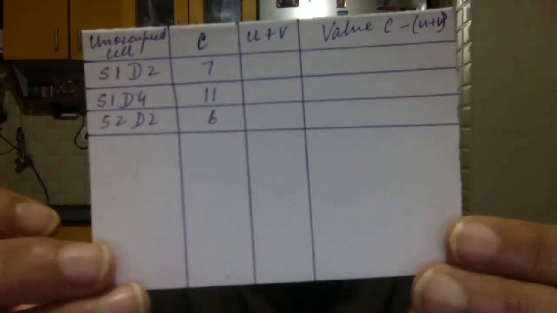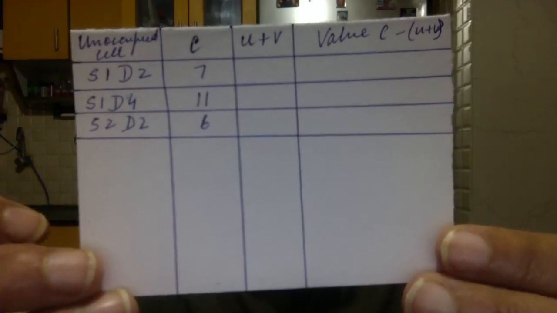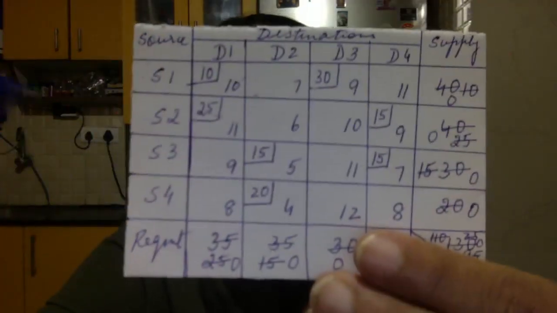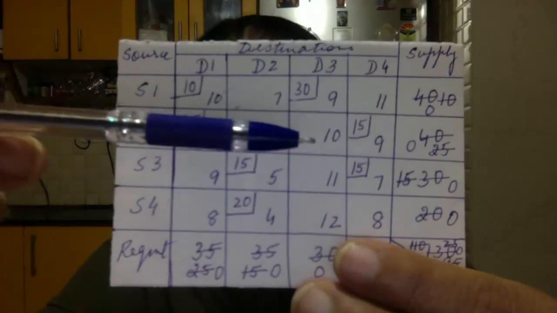So I got 3 so far. So I'll go to my first matrix, S2 D3, and cost is 10. So we got 4 unoccupied cells. We have 5 more to go.